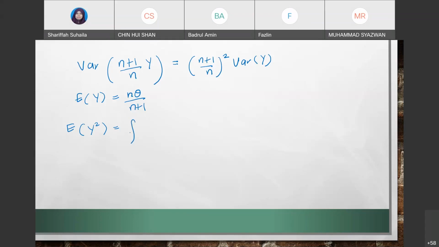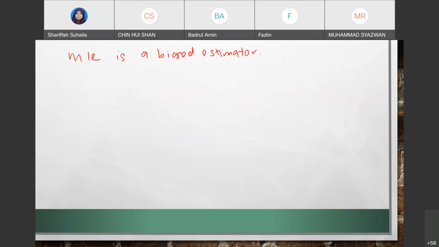Okay. We need to verify this one. Bila expected value of Y square, saya akan menggunakan PDF of order statistic yang saya dah dapat kat depan ni tadi.